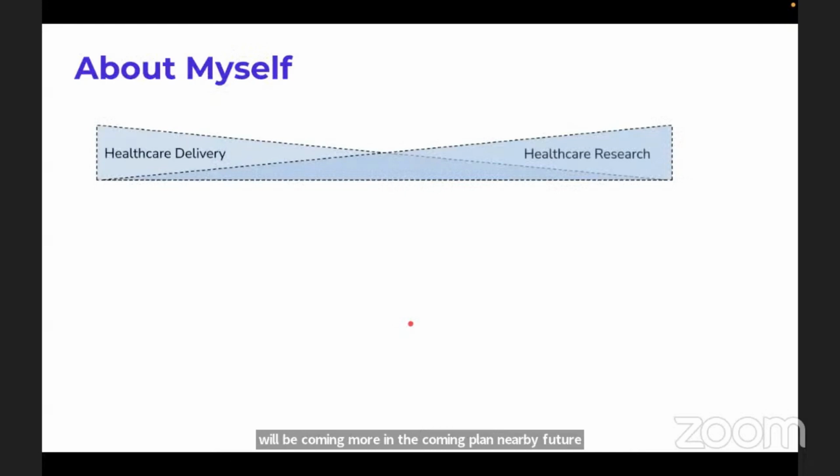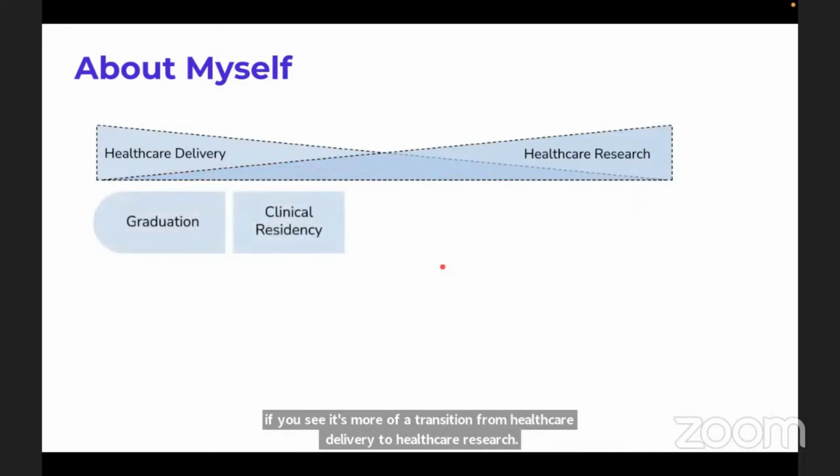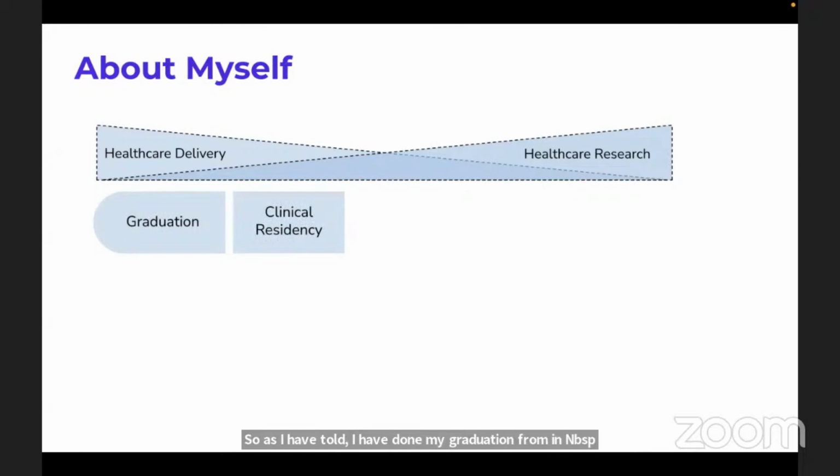Starting with this, this has been my journey. It's more of a transition from healthcare delivery to healthcare research. As I have told, I did my graduation in MBBS, and afterwards I did my clinical residency. It's more of a physician kind of role where I used to treat and attend to patients.